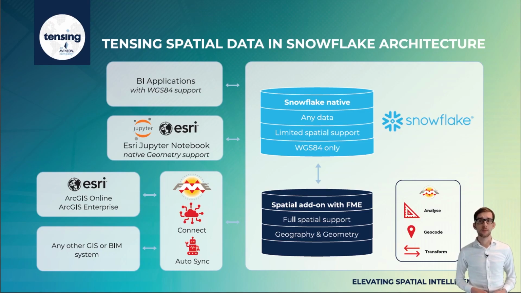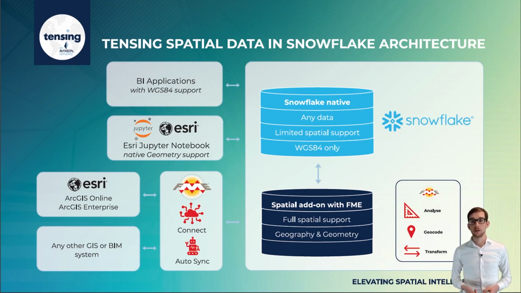So we came up with a solution for that. We did a proof of concept together with Snowflake and Safe Software on this topic. We will show you today how you are able to use your GIS system or your BIM system to connect data into Snowflake, to get it in Snowflake with full spatial support, geography and geometry, to do also spatial analytics in Snowflake, and also get it out of Snowflake with native support.